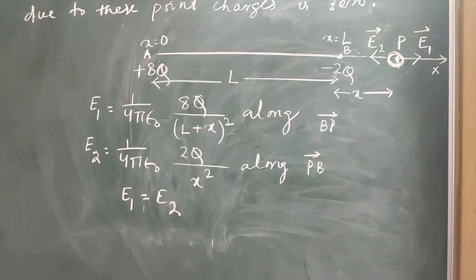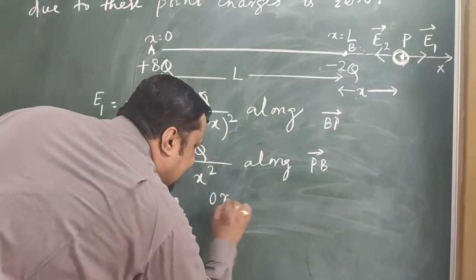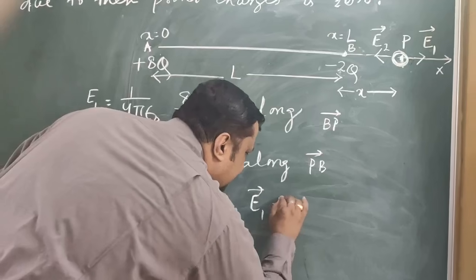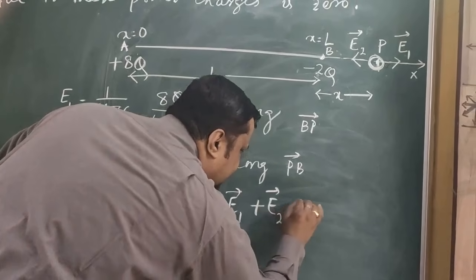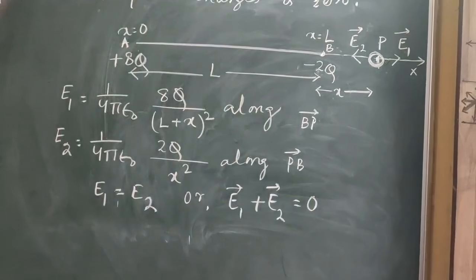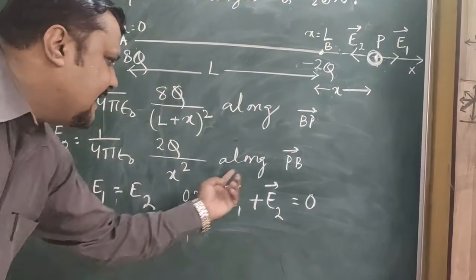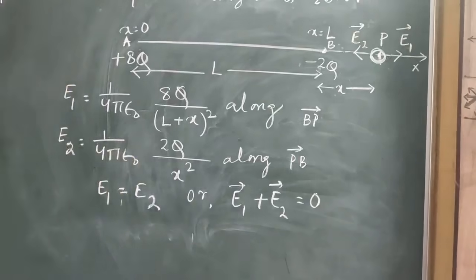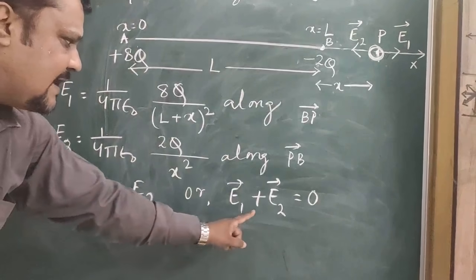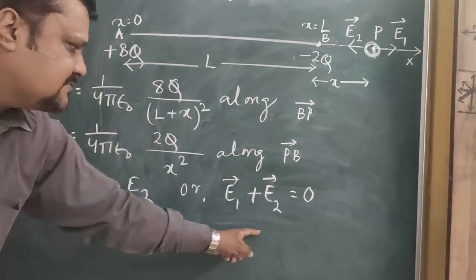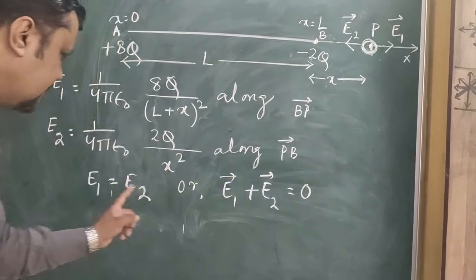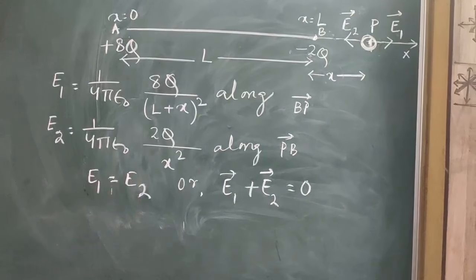In vector form, net electric field E1 vector plus E2 vector should be equal to 0. In magnitude form, the angle between them is 180, so the resultant is E1 minus E2, equal to 0, or E1 is equal to E2.